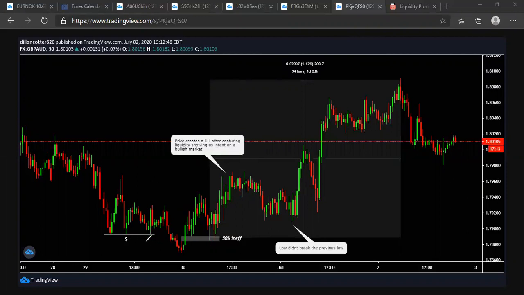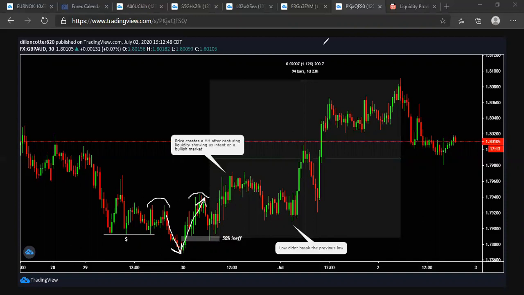Okay. So we have this triple bottom right here. And when price shot through this triple bottom, it got out of there very, very quickly and made a new high, that higher high.